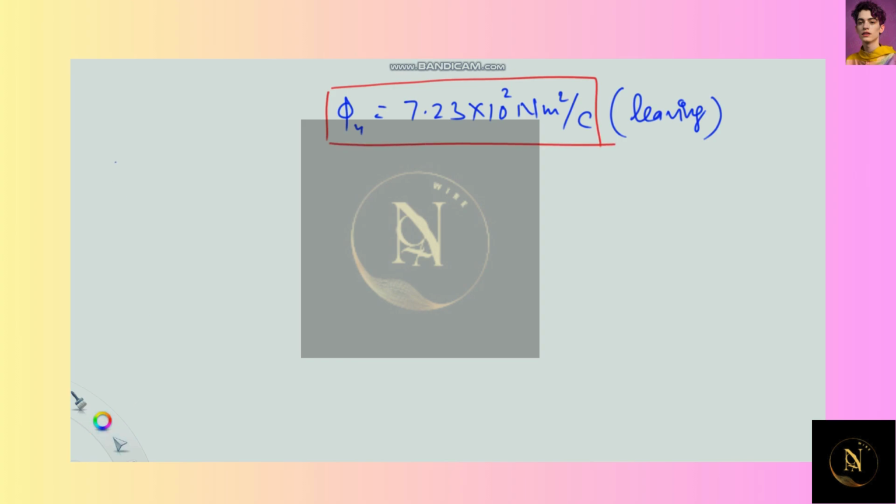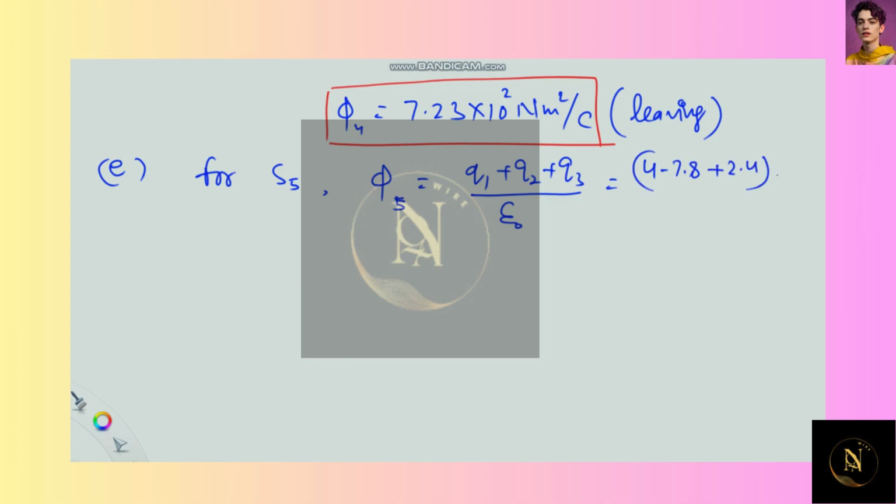Then in the fifth part of the problem, for the surface S5, the flux linked through this surface, phi 5, is Q1 plus Q2 plus Q3 divided by epsilon naught, that is 4 minus 7.8 plus 2.4 nanocoulomb or into 10 power minus 9 coulomb divided by 8.854 into 10 power minus 12.